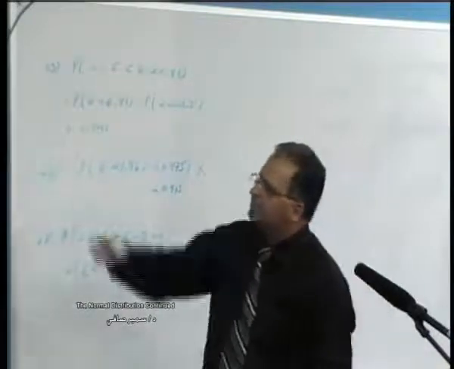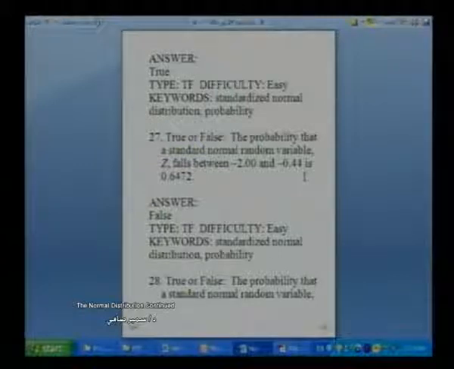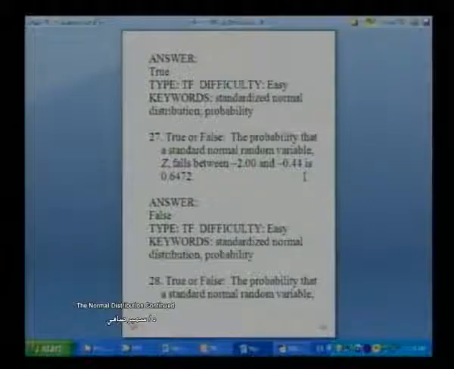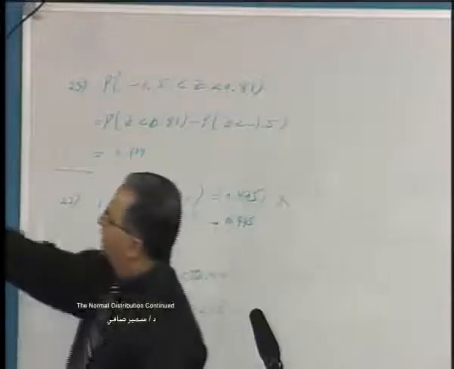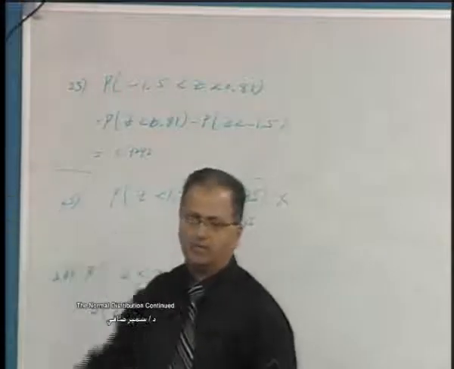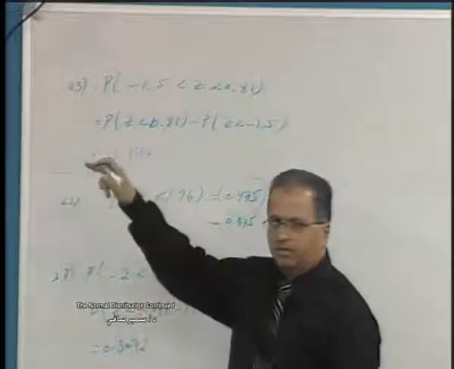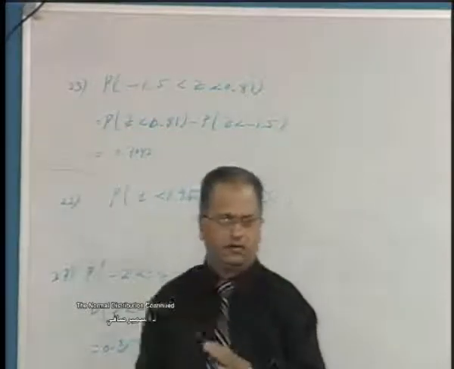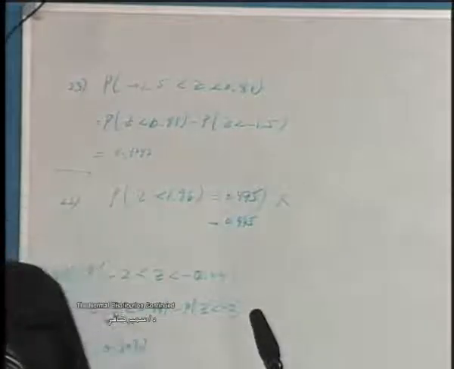It says the answer is 0.6472. The exact answer is 0.3072, so that one is incorrect. 27 is incorrect. You may figure this one out by using the table, or sometimes by Excel you can do this problem. Let's do a different one.